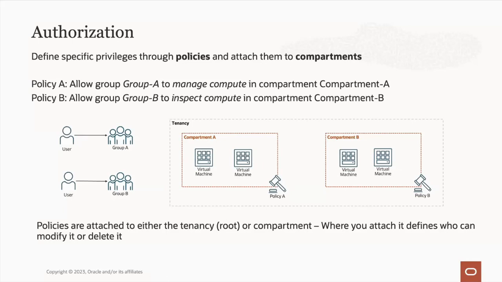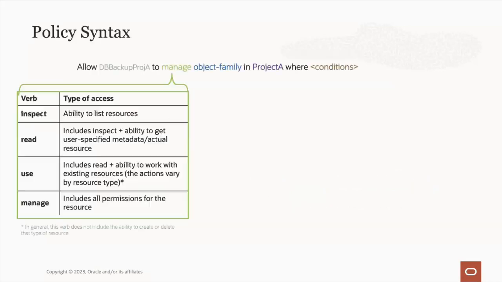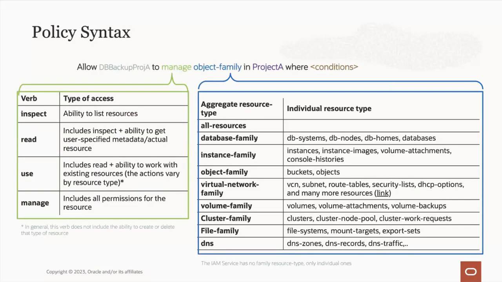The second one is just inspect, which has different privileges, so I want to show you that syntax here. The order of increasing privileges goes from top down: inspect is the least privilege, read gets the next one, use gets a little bit more, and manage has everything else.